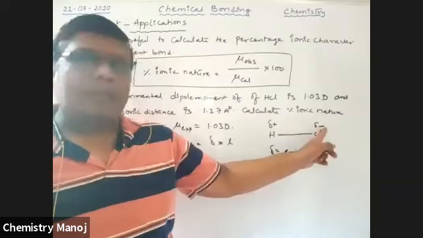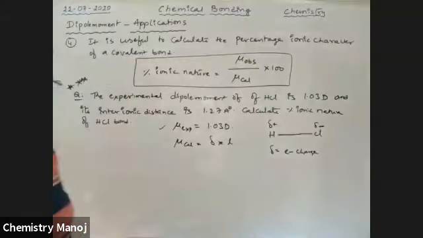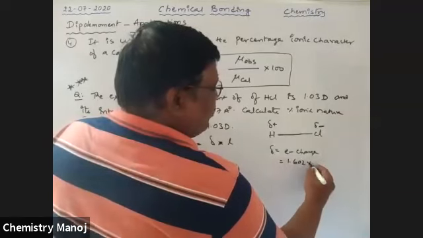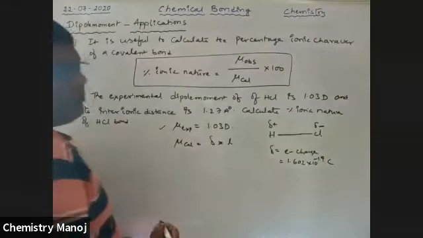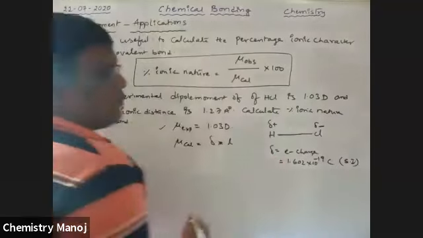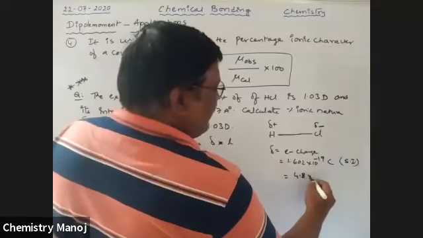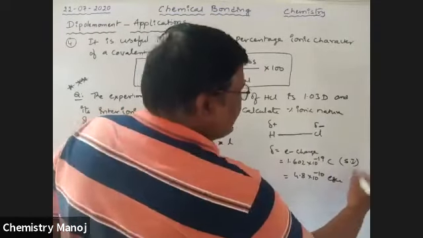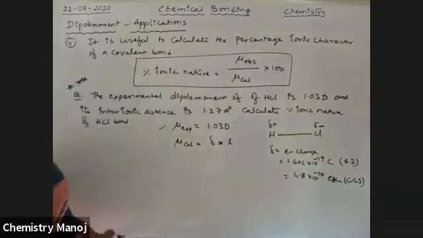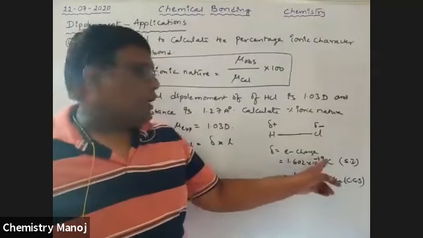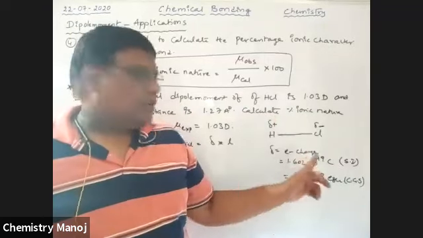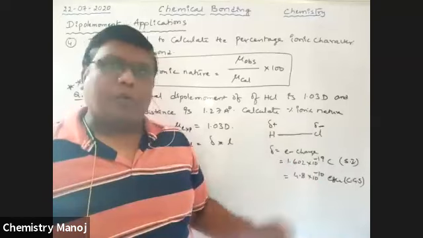Here minus 1 means 1 into the charge of an electron, that is 1.602 into 10 power minus 19 coulombs, which is the SI unit, or 4.8 into 10 power minus 10 ESU, which is the CGS unit.